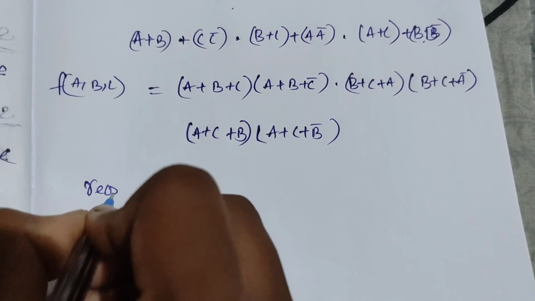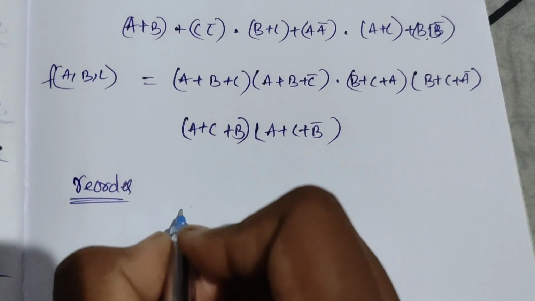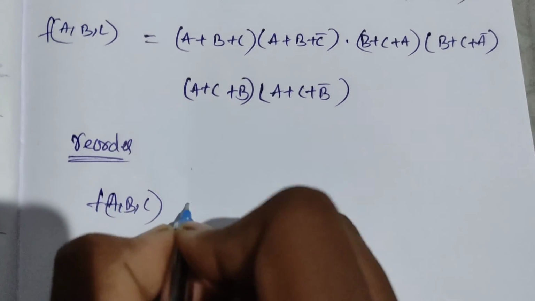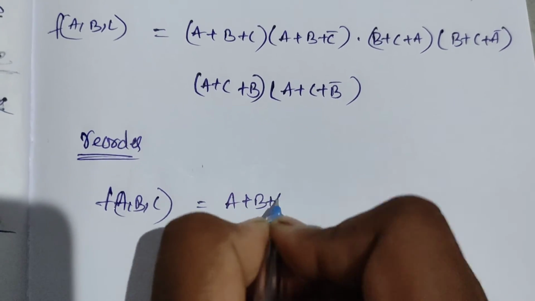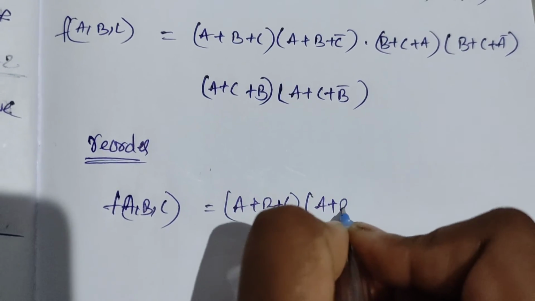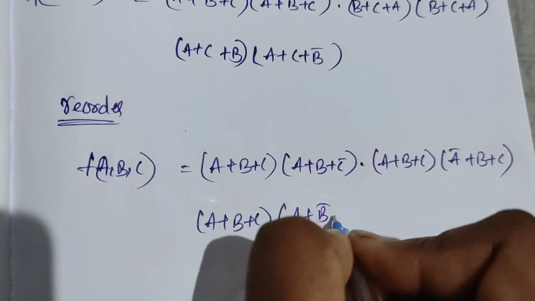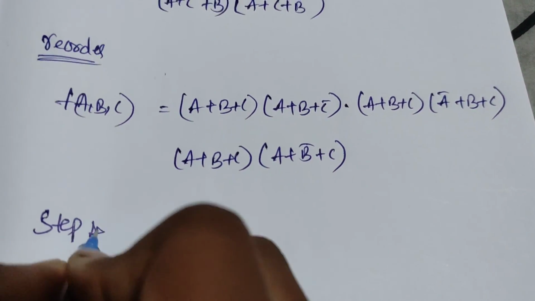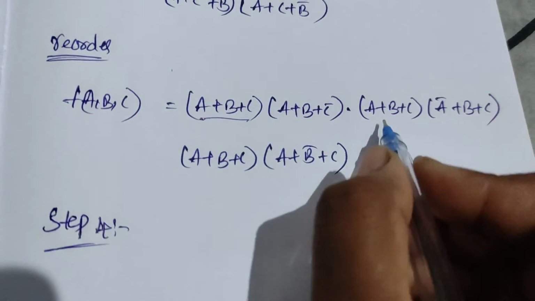These can be reordered as f of a, b, c is equal to... Step 4, omit the repeated terms.